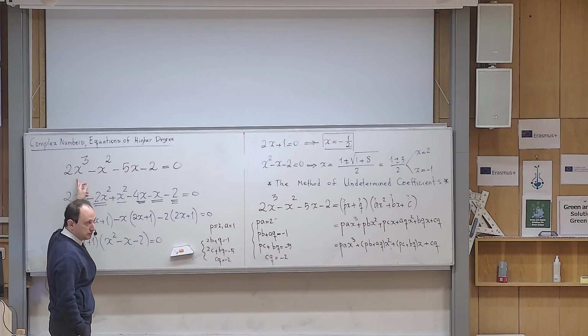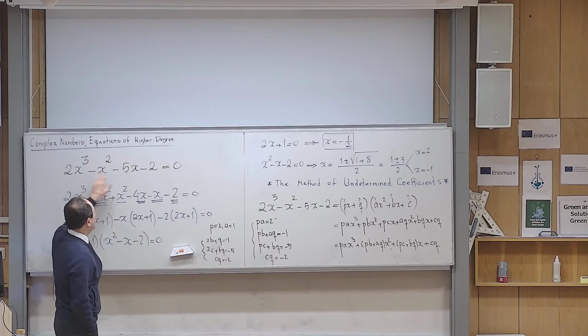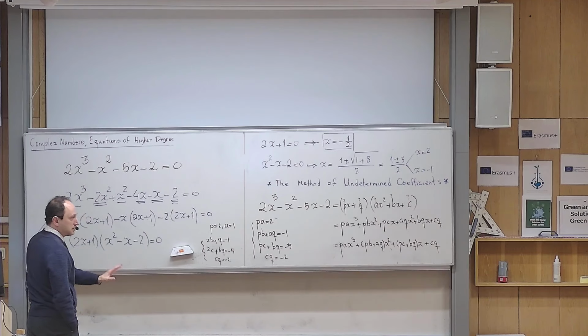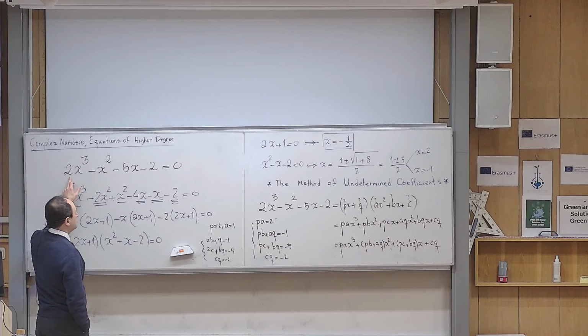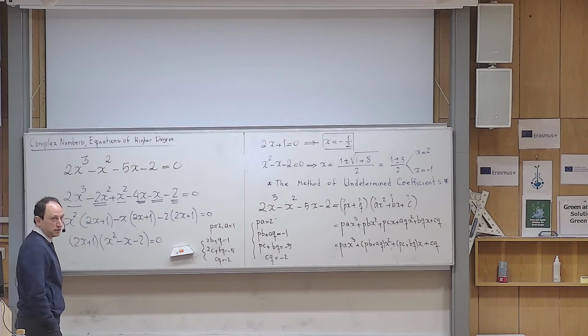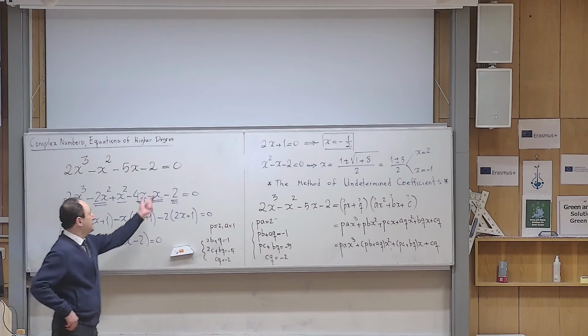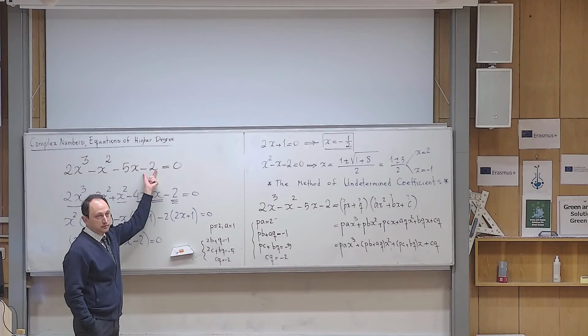Let me repeat. You have a polynomial equation with integer coefficients. And if you are lucky enough, which is always the case in your course, that you have an integer solution to this equation, my claim is that that integer solution is a divisor of the constant term.